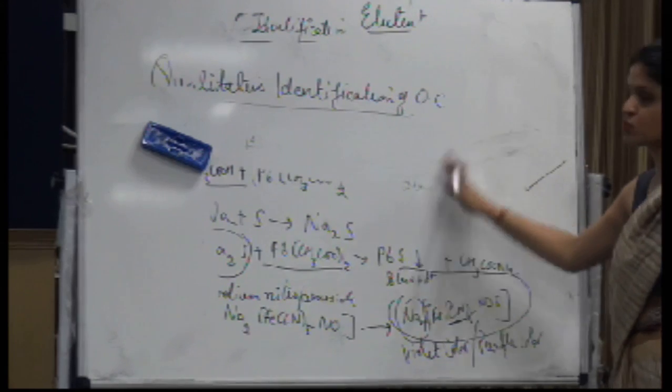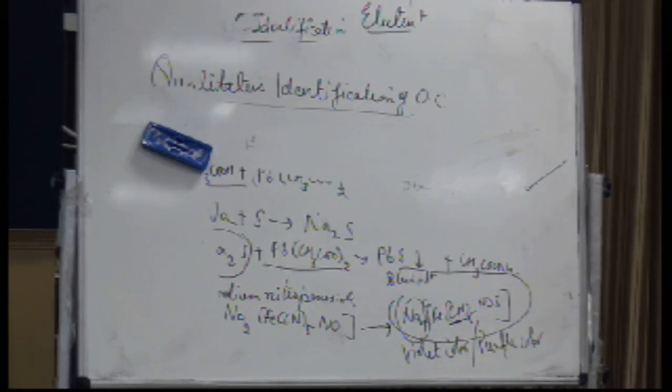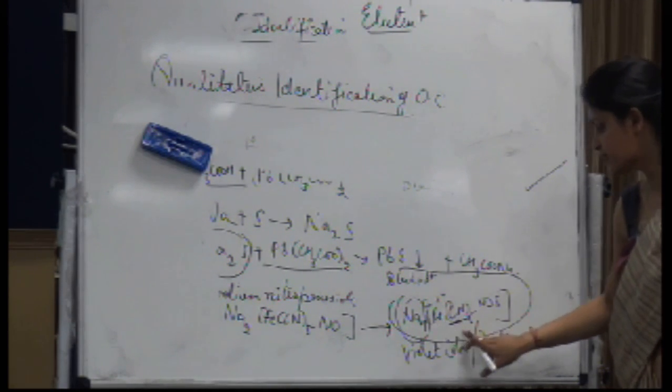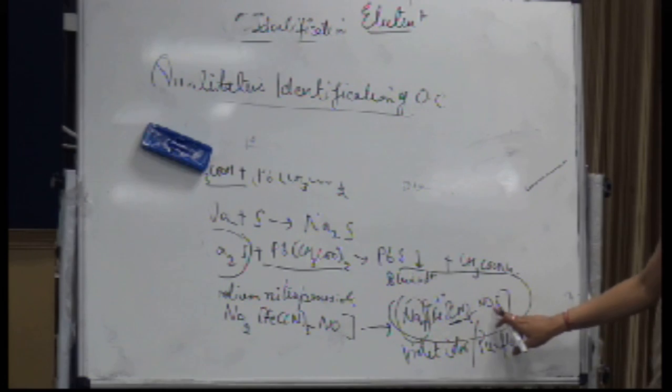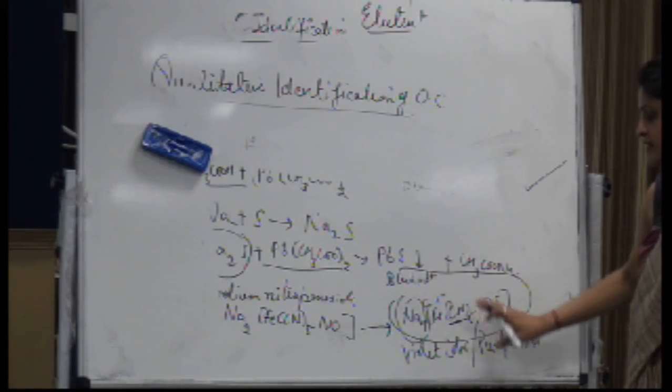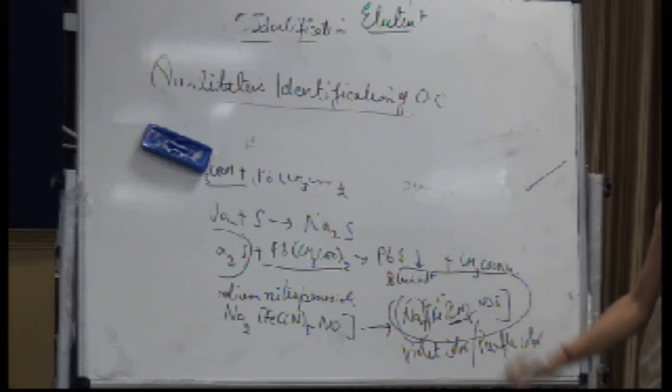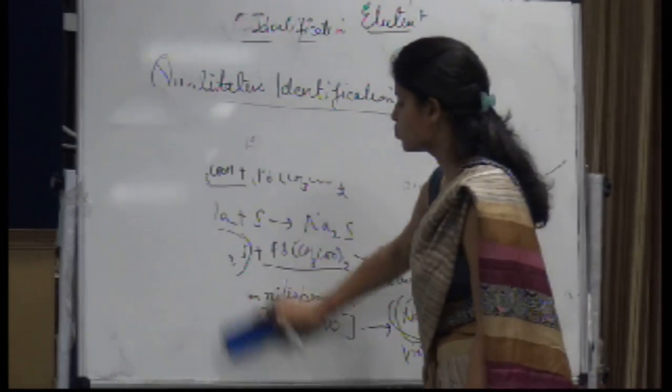It is plus 2. You can find out the oxidation state in the coordination compounds, right? It is present in plus 2 state. It is sodium ferrous cyano nitroso sulfide. But most importantly, you should know the formula of the compound formed.